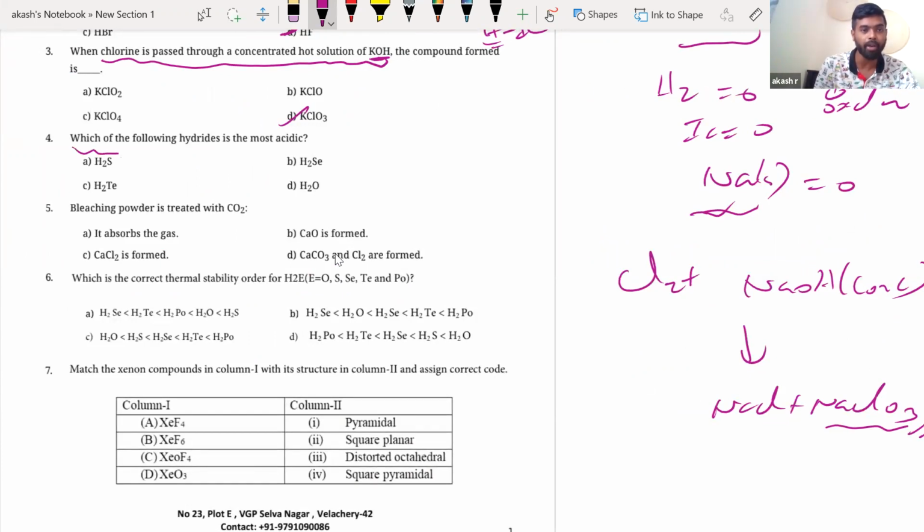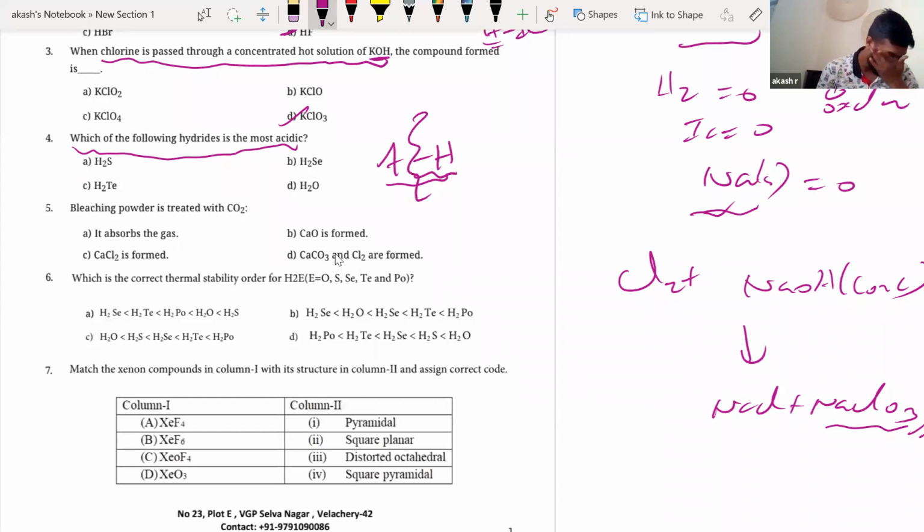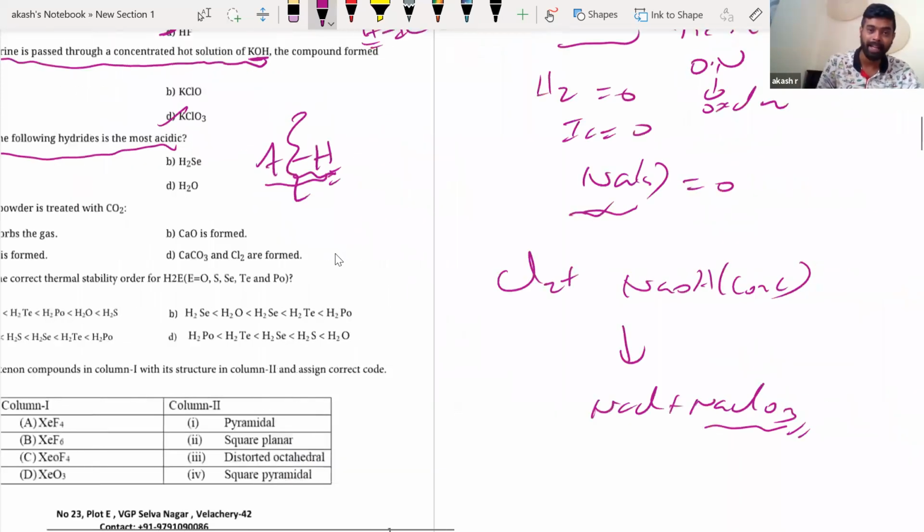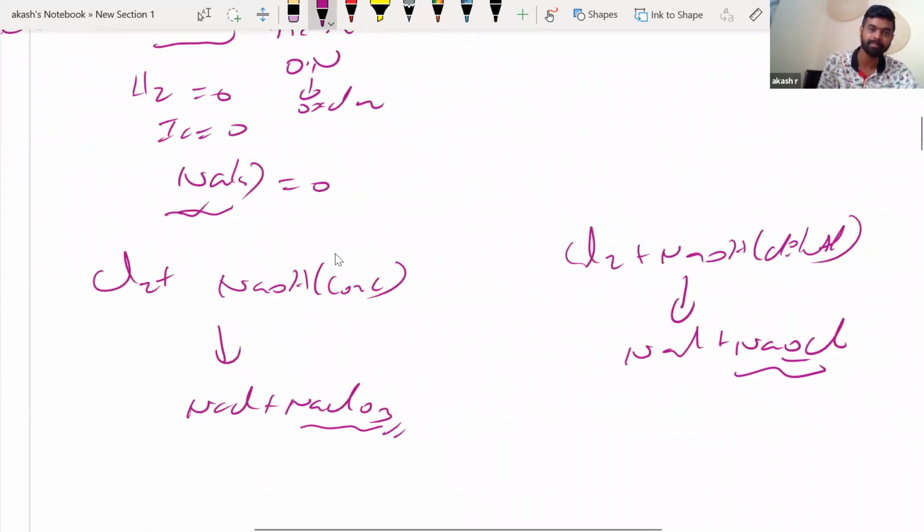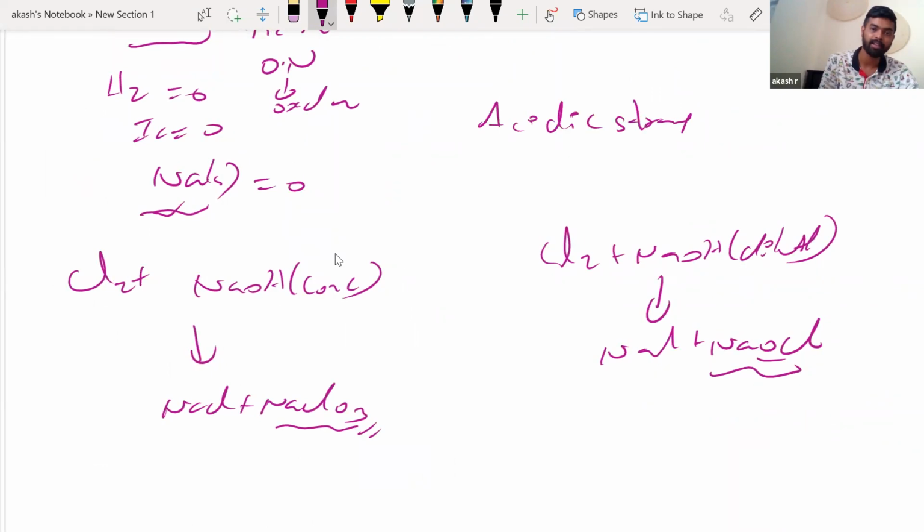Next, which among the following hydrides are most acidic? Right, now please understand, people. Say if I have an H bond, this H plus has to come out, right? So what you have to understand is I have to break this bond. Any acid, I have to break the hydrogen from the other atom. So acidic strength is inversely proportional to the bond enthalpy or bond energy.